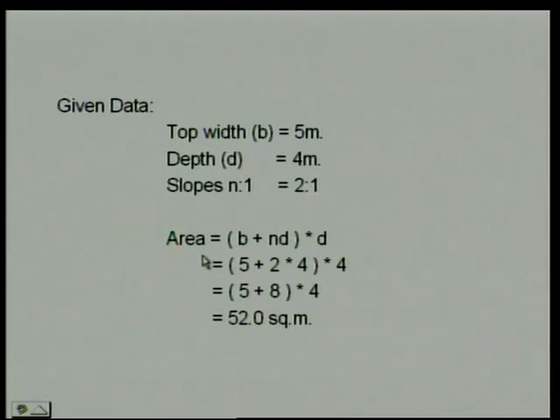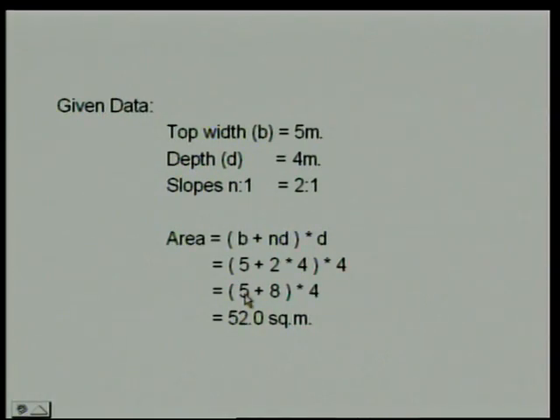So, the formula for calculating the area of cross section of a canal or a road is b plus n into d, into d. Substituting the values from the given data, we get the required area of an embankment. This is how we compute the area calculation for a road in embankment.